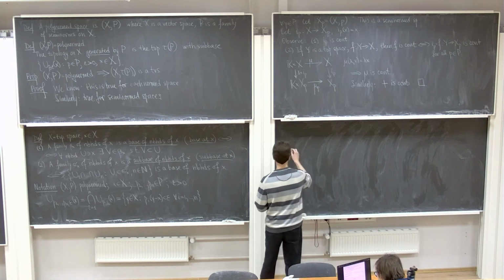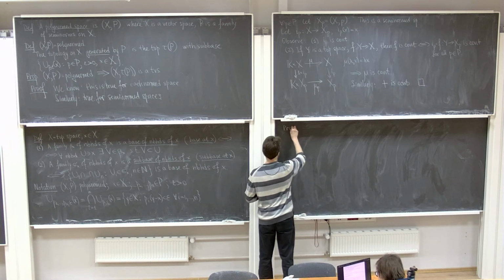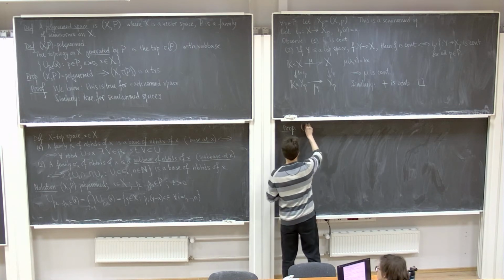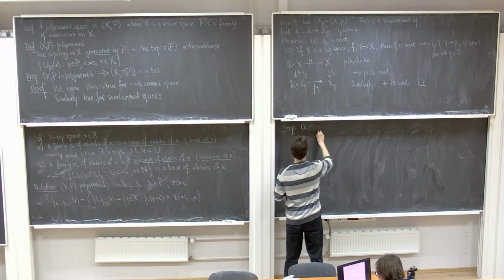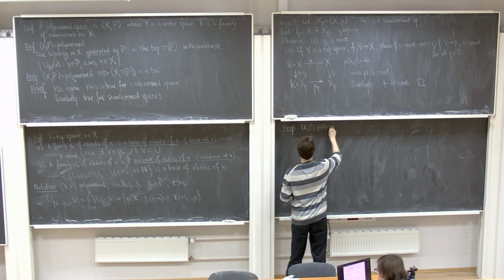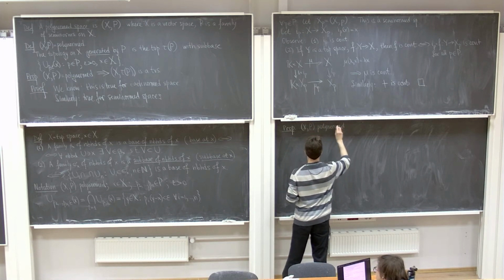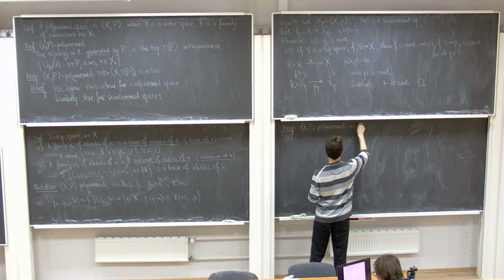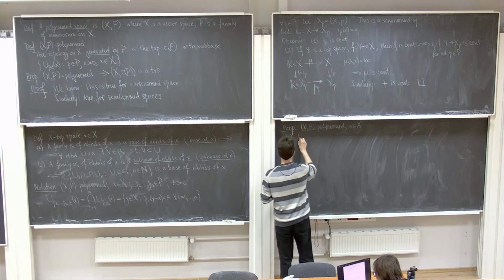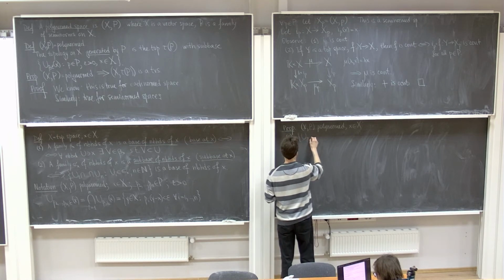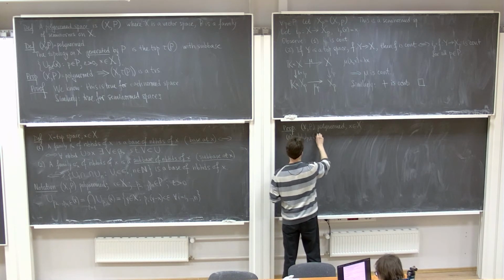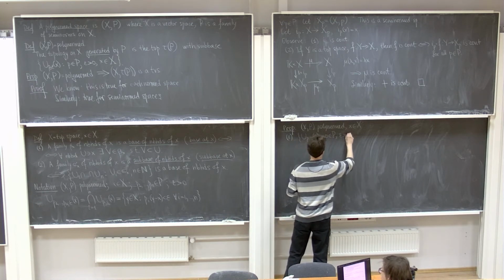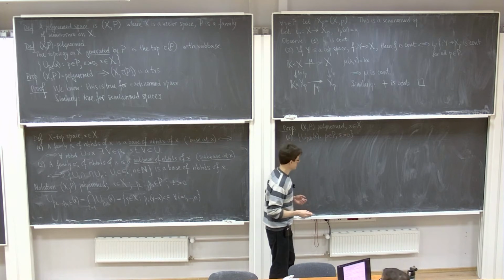We have the following simple proposition. Again, if we start with a polynomial space and we take a point x in our space, then the family of all open balls centered at x is a subbase of neighborhoods of x.